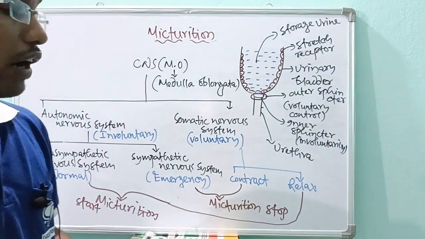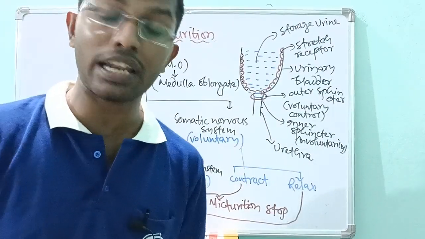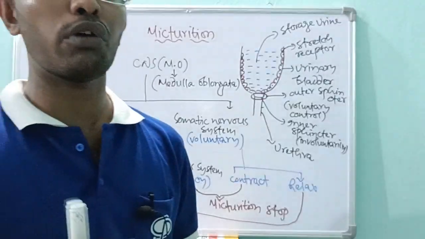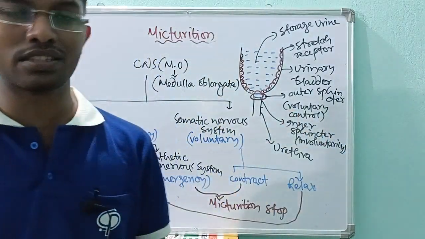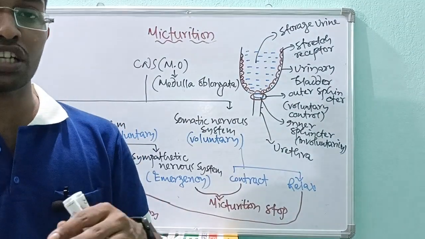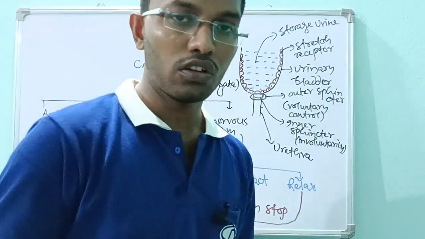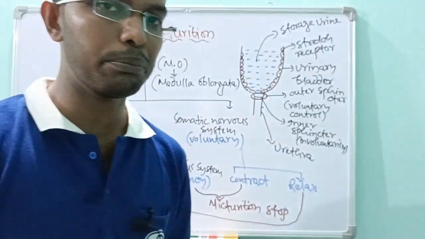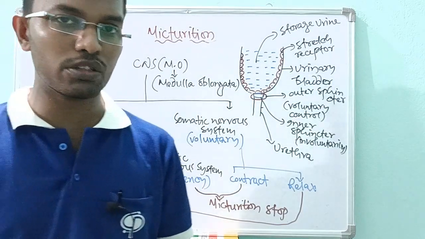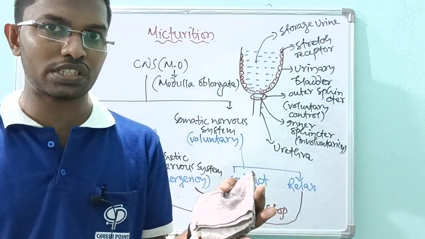So let's see what happens if we face an abnormal, that means an emergency, situation. For example, if you are inside a classroom and you want to go to the washroom for urination, but your teacher does not allow you to go, what should you do at that time? You must try to resist that mechanism, otherwise you have no options.